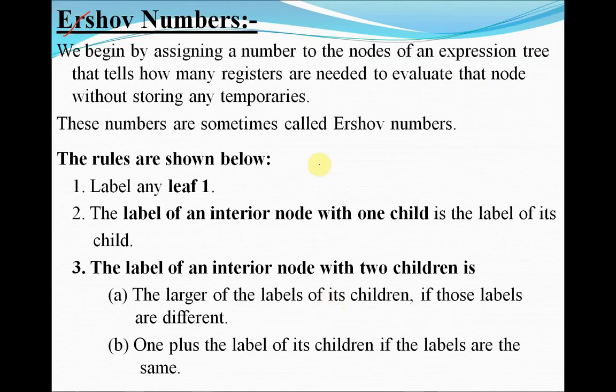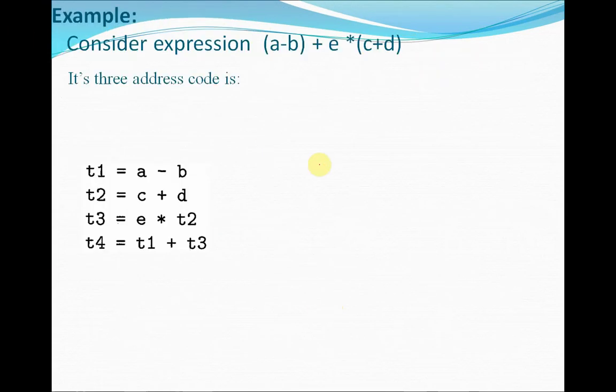How to define Ershov numbers? To translate a given expression into target code, first you have to write the 3 address code, and from this 3 address code you have to generate the syntax tree.